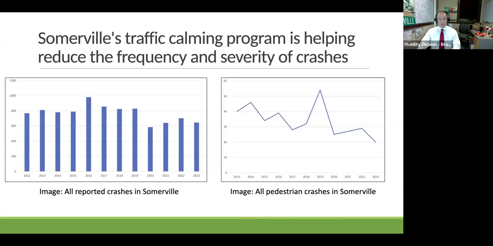Folks, there is more work to be done. These numbers are good, but they're not good enough. We handle so many calls from 311, so many referrals from our city council partners, and most of us are Somerville residents, and we're experiencing this just like you are. So there's still work to be done. Next slide, please.